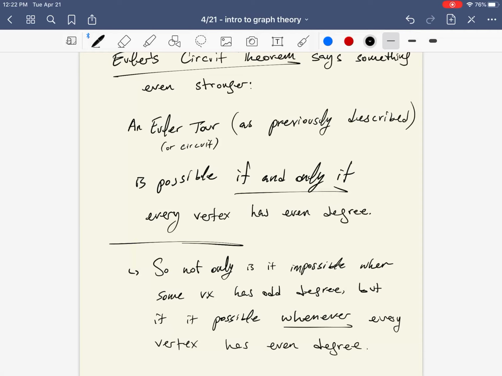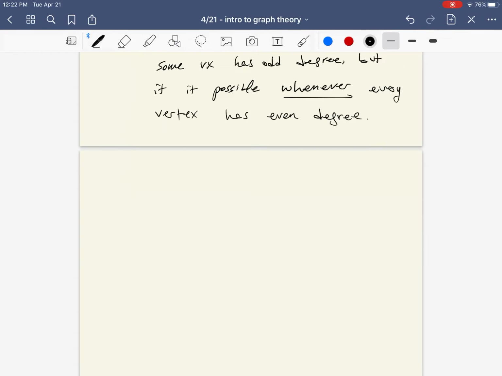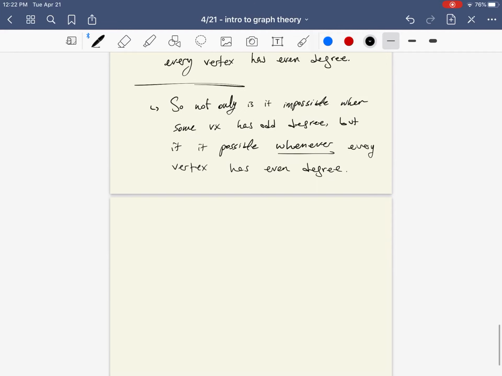So this is really something. So it's possible whenever every vertex has even degree.